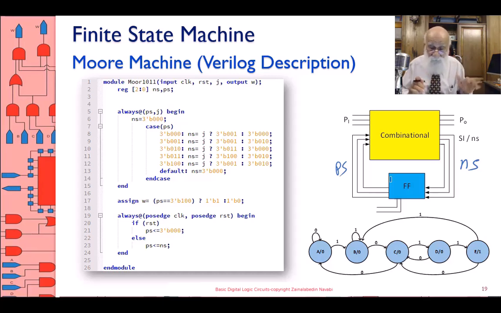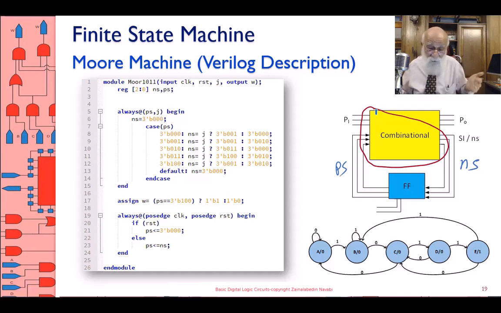That's all it does. But then I have a combinational part that I keep calling transition that takes the present state and primary inputs and decides on the next state.